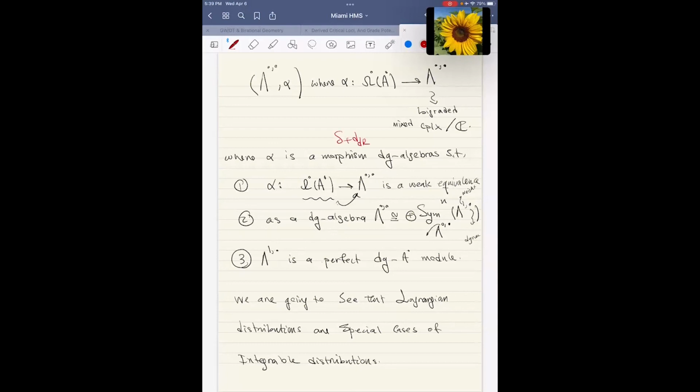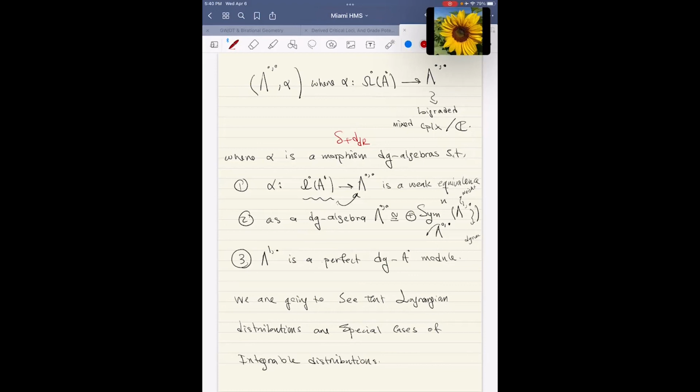Okay. This condition is a little weird to me. If you consider the zero distribution, then how do we expect it to be an equivalence?